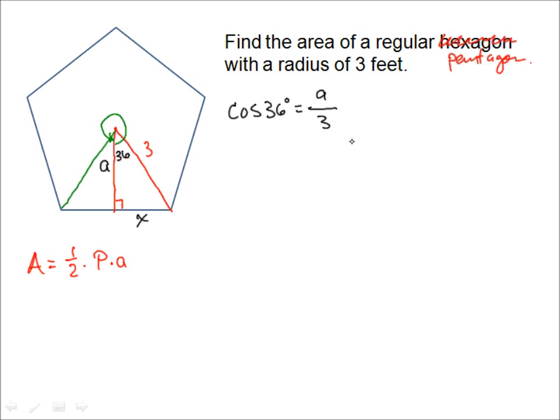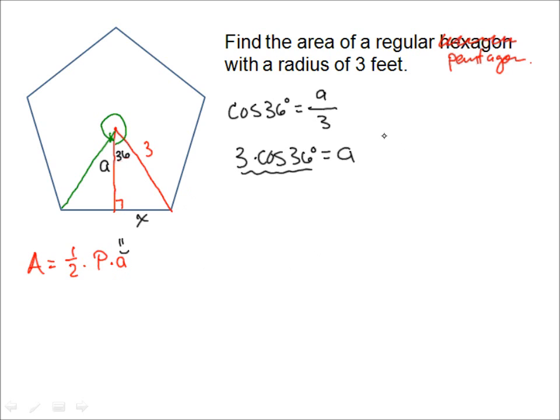If I multiply each side by 3, I get that 3 times the cosine of 36 degrees is equal to the length of the apothem, which is great because I needed the length of the apothem, and I now know with great accuracy what it is. So I'm just going to leave it in this form, and when it's time, we'll plug that into our calculator.